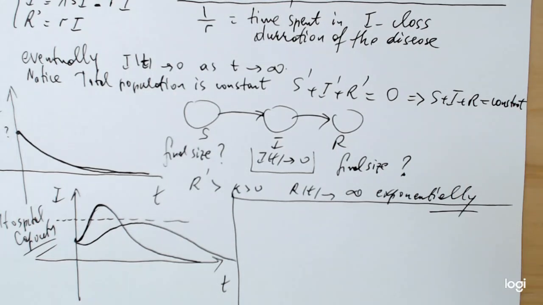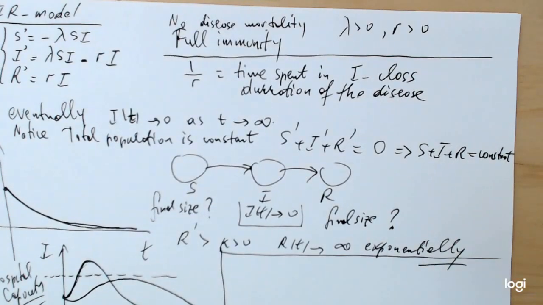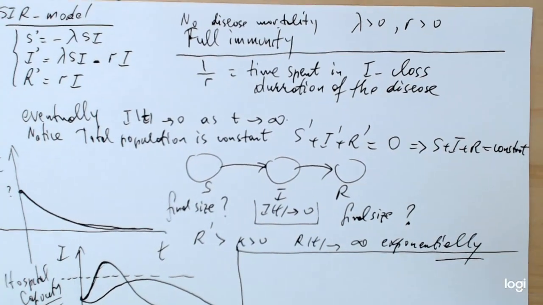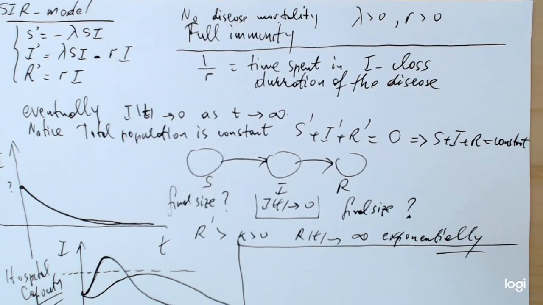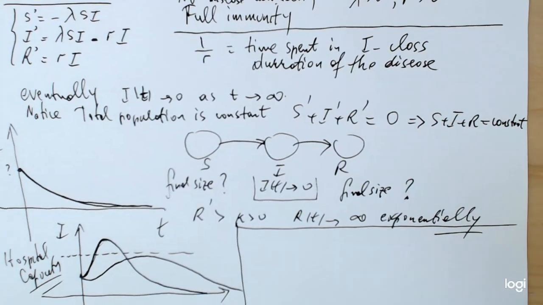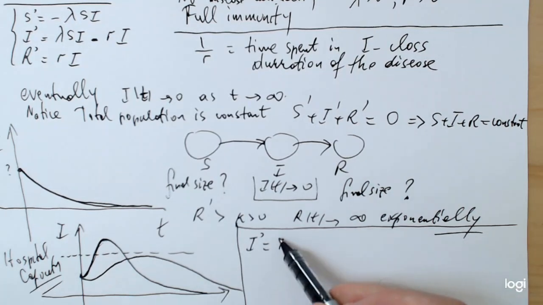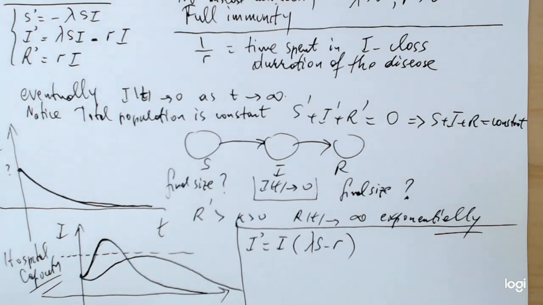So how do we tell mathematically if we have a spike or not? It turns out this is not that difficult. To tell whether you're going to have a spike first or not, all you have to do is look at the equation for I and look at the overall sign of the derivative and imagine what happens at the beginning of the epidemic.